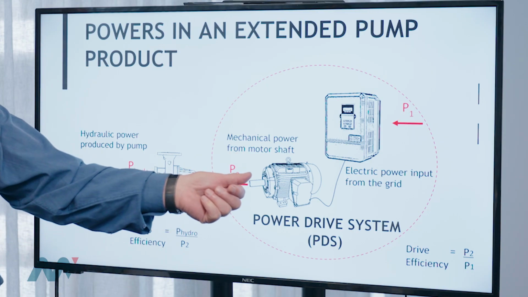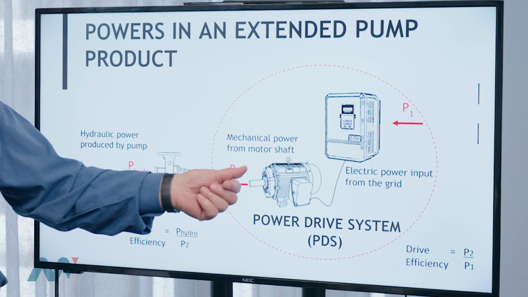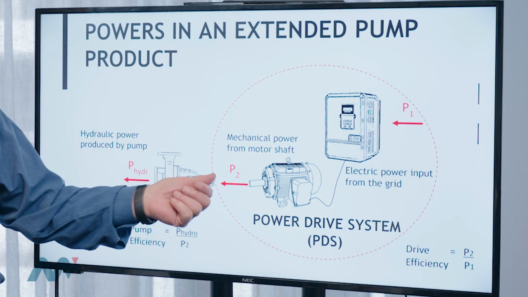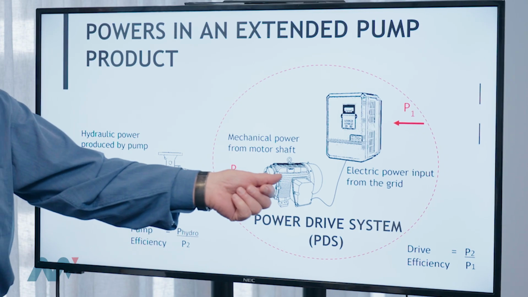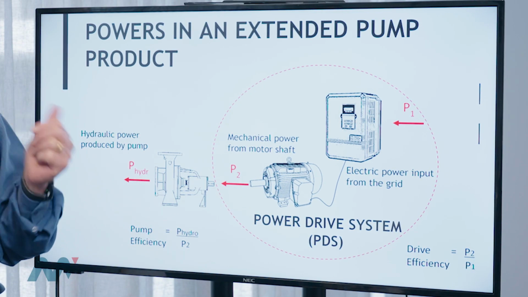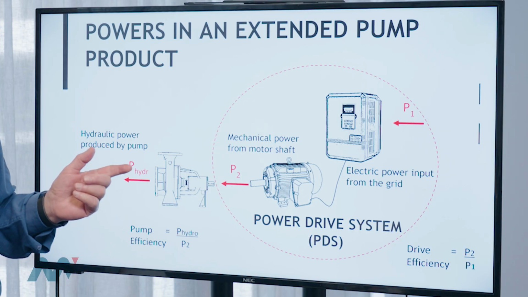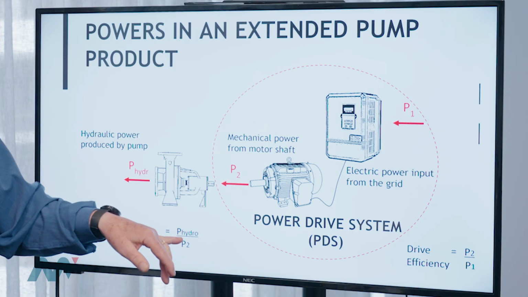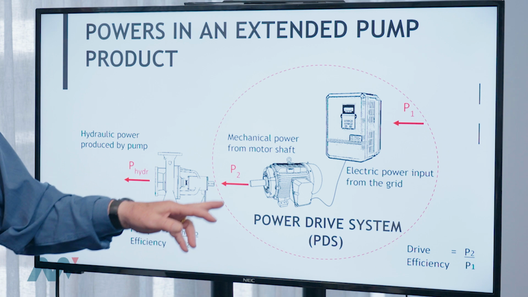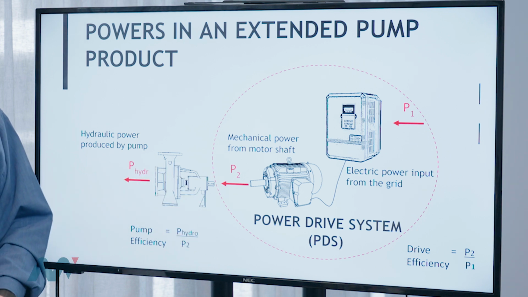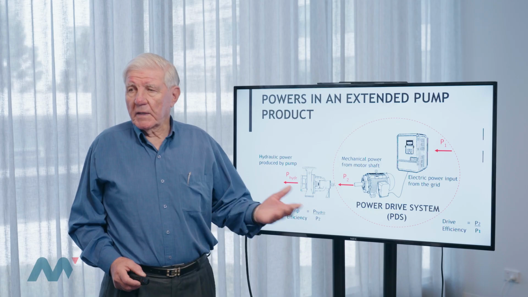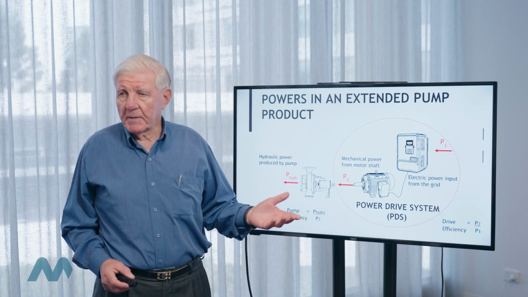And the shaft input comes from the motor. So if you've got a fixed coupling, whatever the motor puts into the shaft is the drive power, and this is the hydraulic power, and the pump efficiency is the hydraulic power divided by the power from the shaft of the electric motor, assuming that the coupling losses are zero, basically.